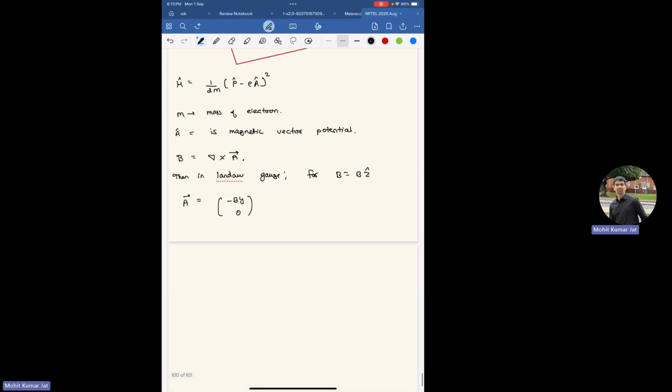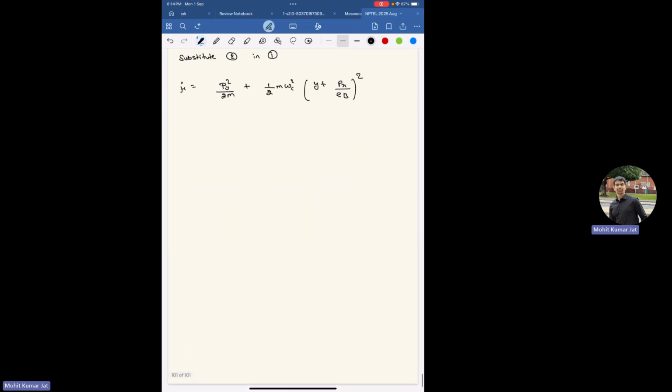Now if you substitute 2 in 1, what will happen? Here H you can write as py squared by 2m plus half m omega c squared (y plus px by eB) whole squared.